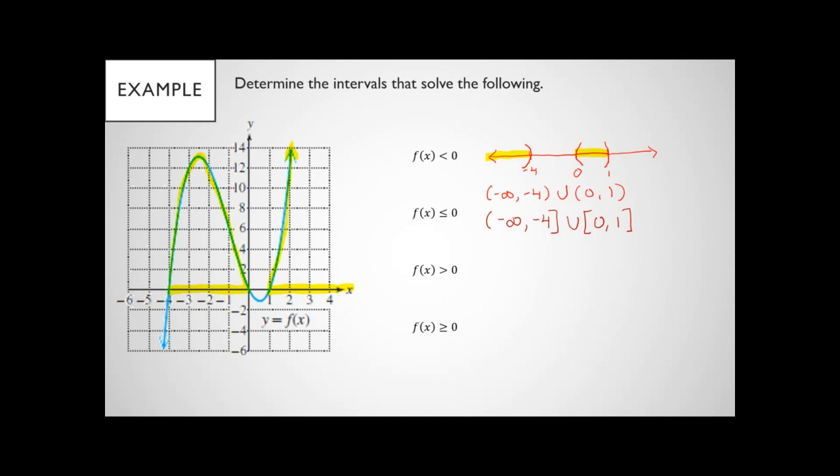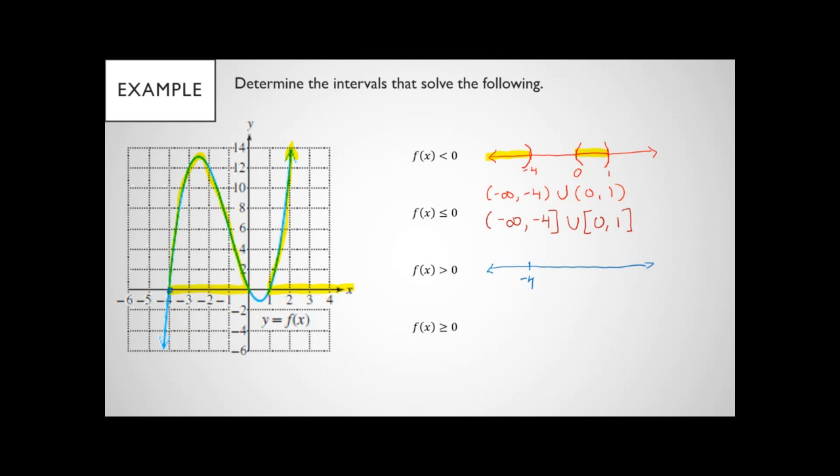So we can draw another number line. Make sure I'm actually on my pen and not my highlighter. So I have a number line. And we still have these key points where we're equal to 0. We talked about finding zeros, those key points, so we're still using those 0 points.